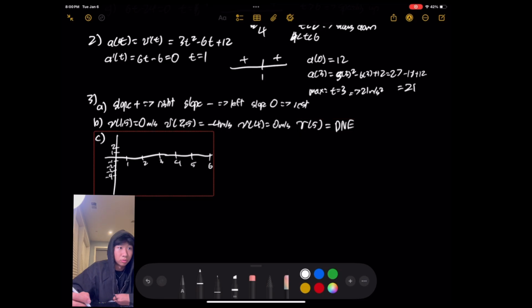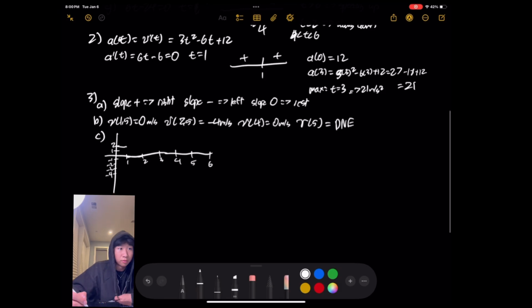All right, so from 0 to 1, the slope is 2. From 1 to 2, the slope is 0. And then from 2 to 3, the slope is -4. And from 3 to 5, the slope is 0. And from 5 to 6, the slope is -2 again.